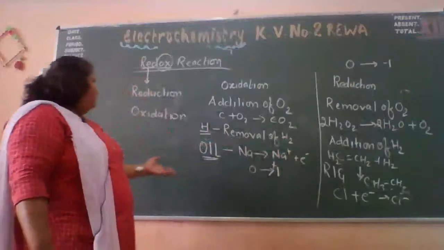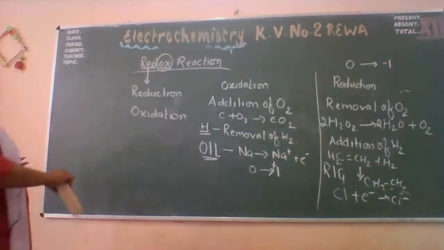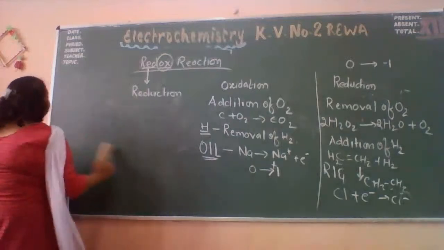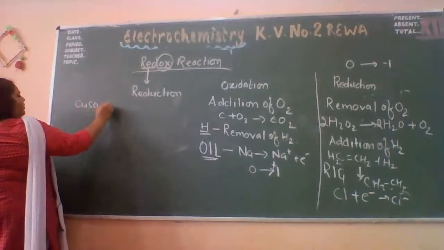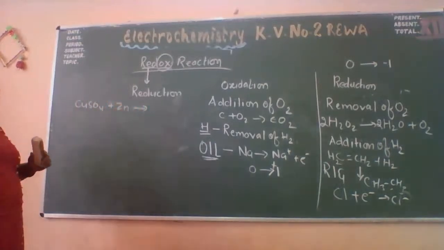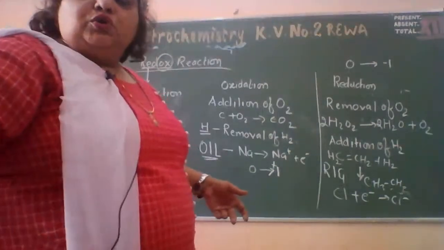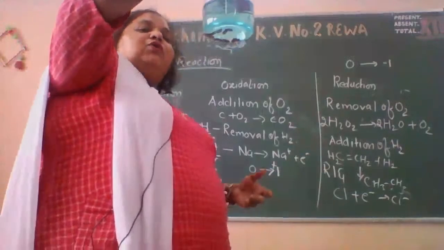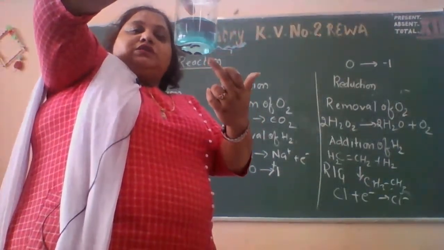Another example I'm just going to take here, and that is very commonly discussed in the cell, that is CuSO4 plus Zn, that I have shown you in the beginning also, and I can again show you here what has happened. Now you can see I have earlier taken the solution of the copper sulfate.